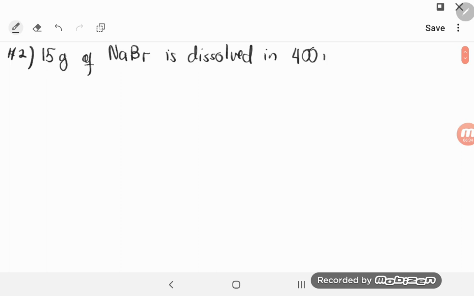For problem number 2, we have here 15 grams of sodium bromide is dissolved in 400 mL of solution. What is the molarity of the solution?